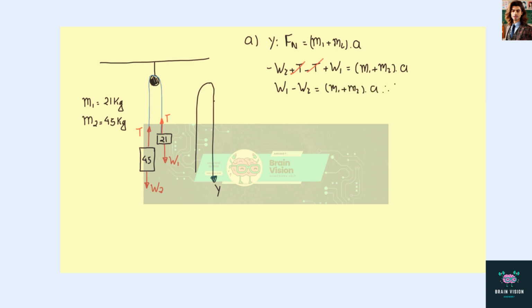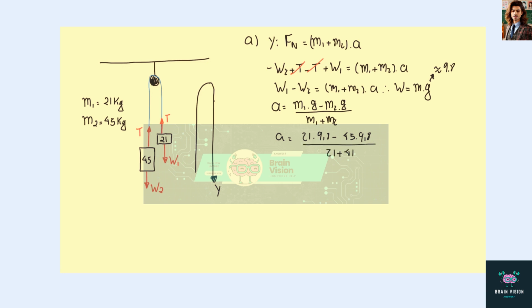Remember that the weight force is given by the mass times the acceleration of gravity, which is approximately 9.8, and then we get the following. The acceleration of the system is equal to m1 times g minus m2 times g, divided by m1 plus m2. So the acceleration is equal to 21 times 9.8 minus 45 times 9.8, divided by 21 plus 45.